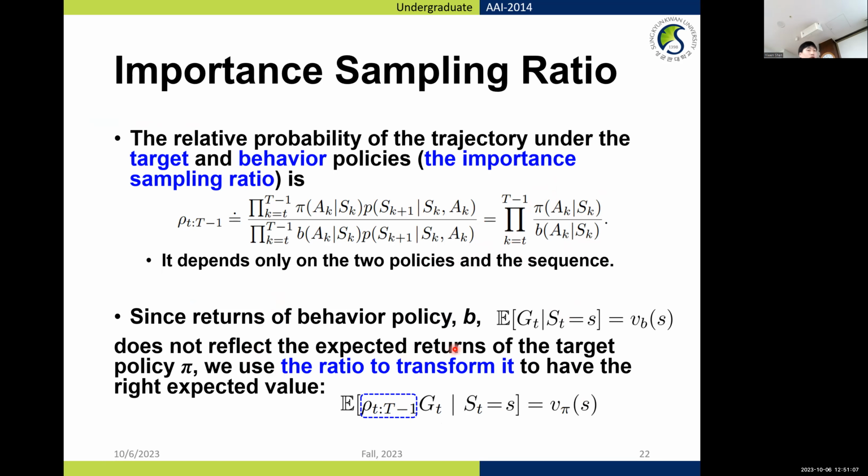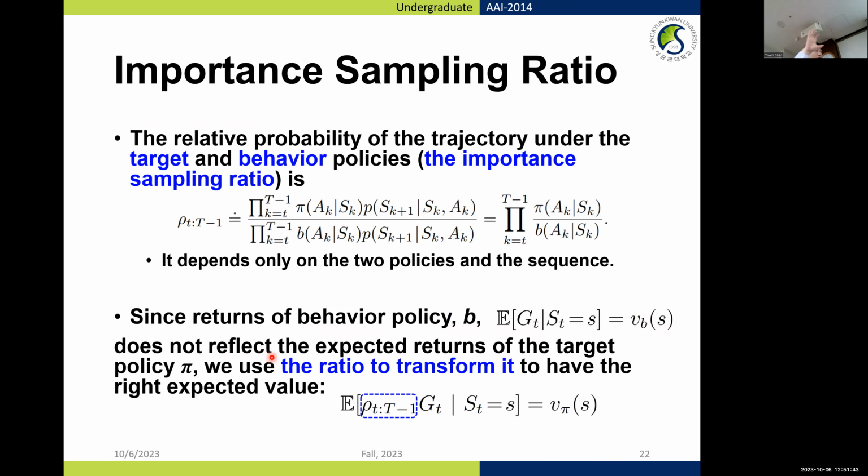So now we want to use this importance sampling ratio to estimate the policy pi, even though we can use the policy B to explore the environment. Here, the return of the behavior policy B equals this one, right? The expectation of GT, the return, equals the state value of policy B. Because it follows the policy B, the distribution is different.